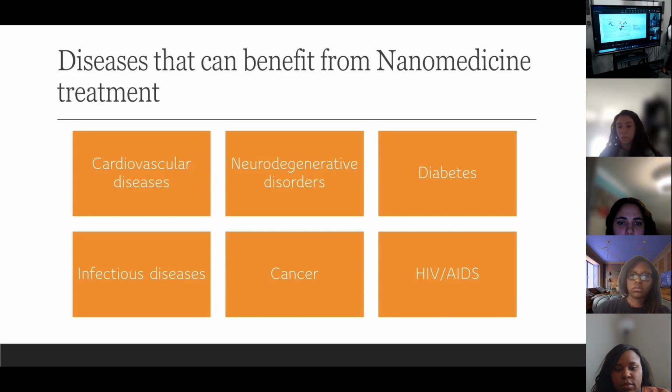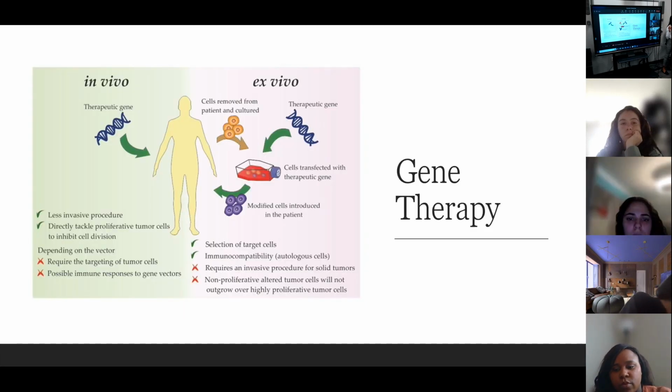Whereas for ex vivo, the pros are the selection of the target cells and the immunocompatibility of autologous cells. The cons, I should say, are they require an invasive procedure for solid tumors. They are non-proliferative altered tumor cells, and they won't outgrow highly proliferative tumor cells.